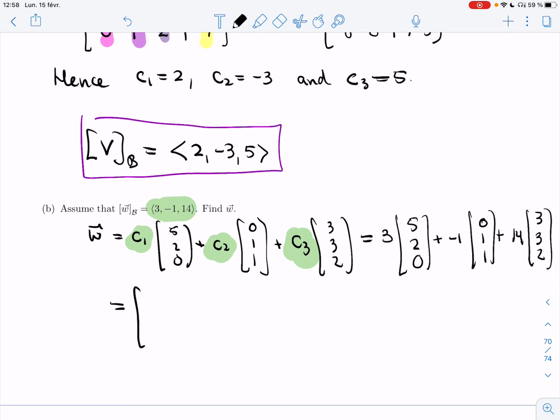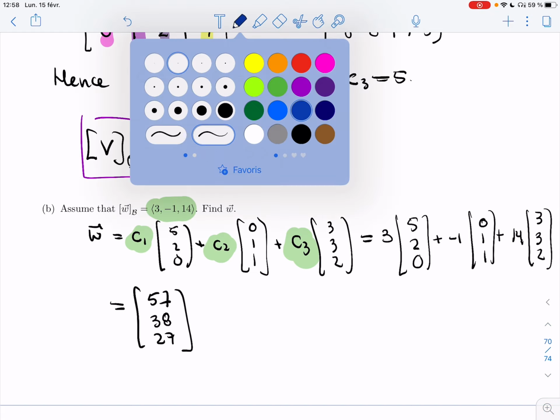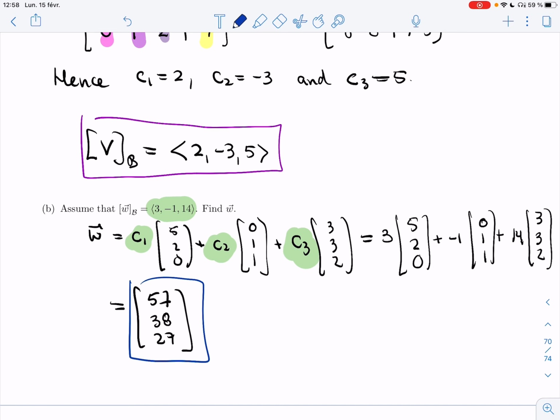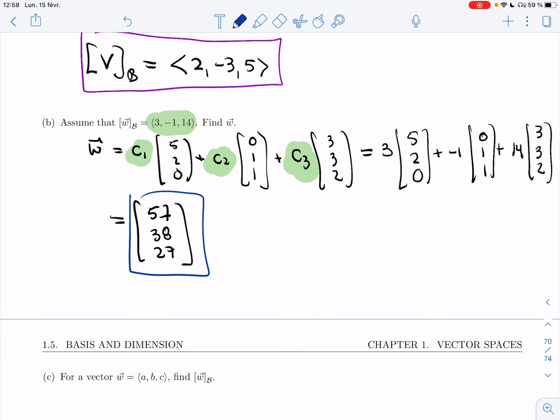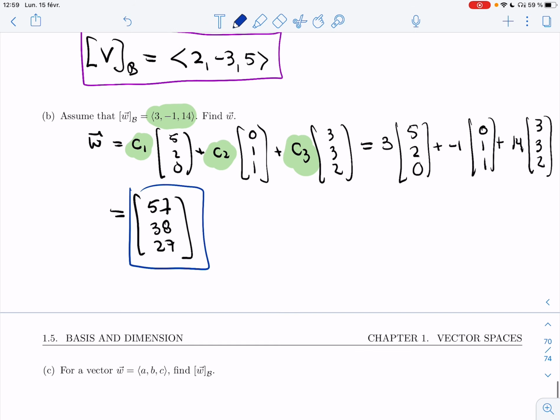So I would get 15 plus 42, so 57, and then 38, and then minus 1 plus 28, 27. All right, so that's w.